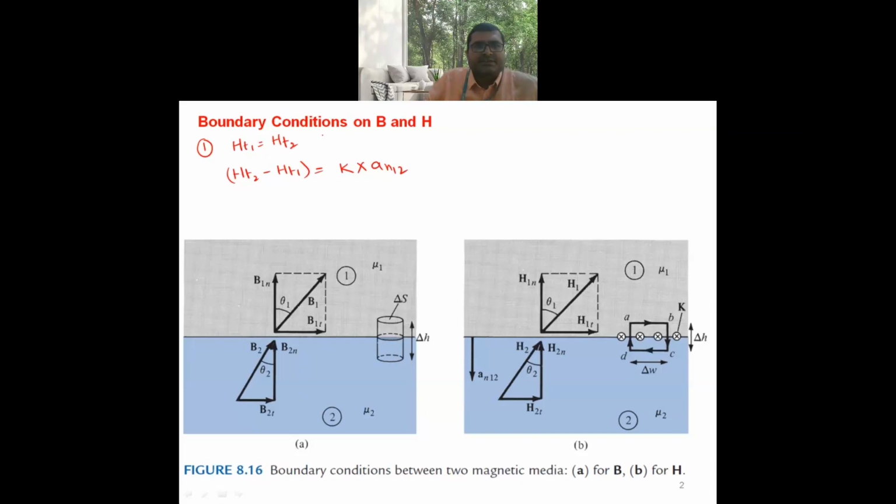HT1 is equal to HT2 means the tangential component of magnetic field is continuous across any boundary except a conductor boundary, and HT2 minus HT1 is equal to K cross AN1,2. This condition is for a conductor boundary.